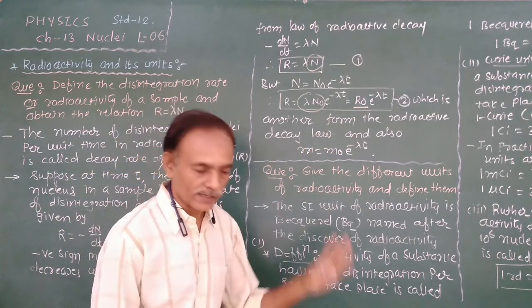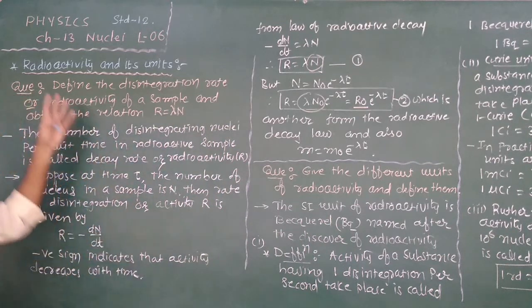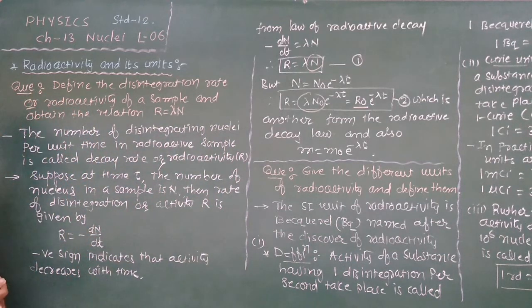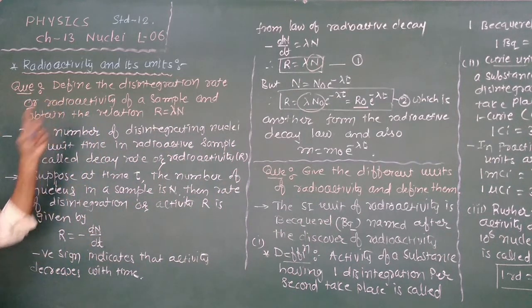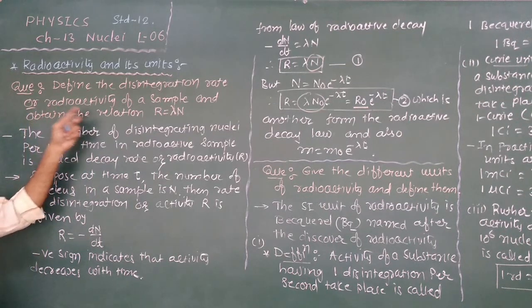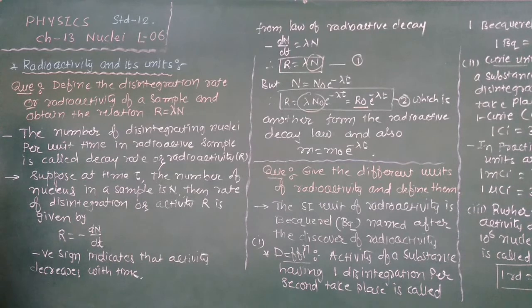Clear? Okay. Again we repeat it. The question is: define the disintegration rate or the radioactivity of a sample and derive the relation R is equal to λN.